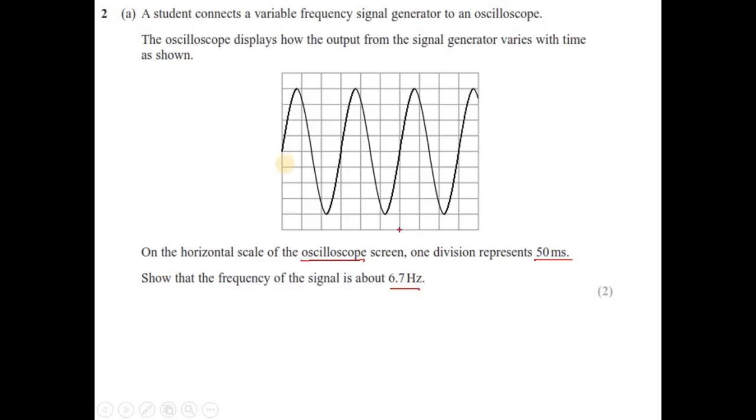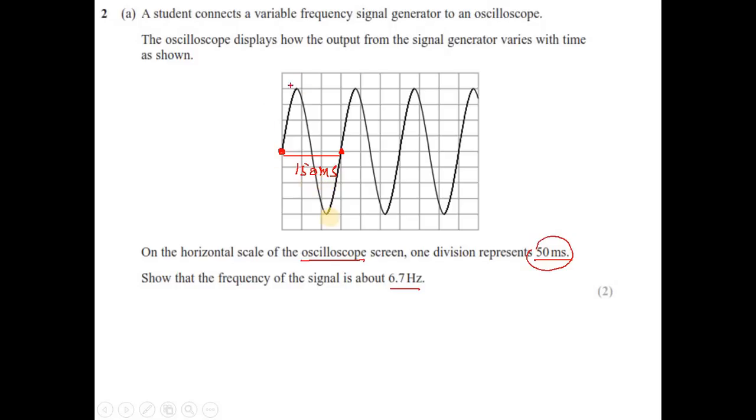So this is the oscilloscope. You can see that from this point till this point, that's what I generally do, I just take only one wave. If you measure this distance, this is the total time for one wave, which is the time period. And you see that there are three divisions there, and one division is 50. So this total distance is 150 milliseconds.